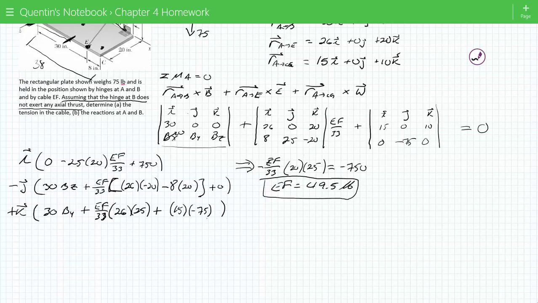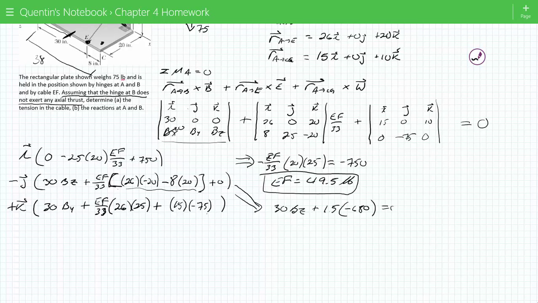Now let's look at the J terms. Right? So 30 BZ plus 40, it turns out 49.5 divided by 33 is 1.5, so I'm just going to write that 1.5 times all these numbers. I did this on the side, and it ends up being minus 680 is equal to 0. So that tells us that BZ is equal to 34.